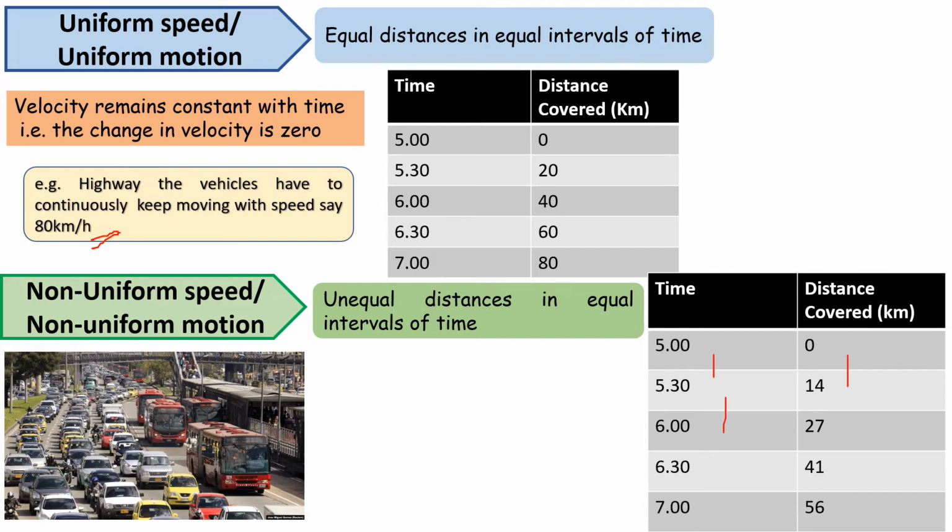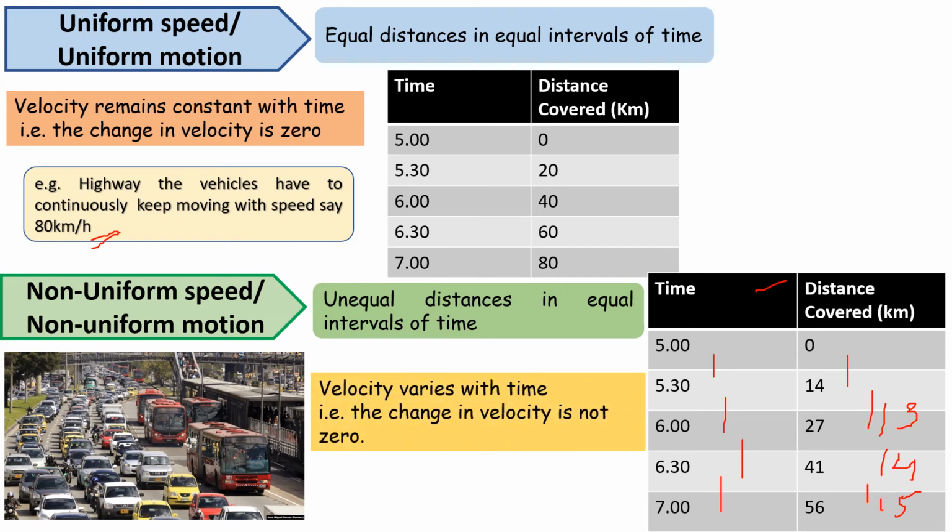Next half hour the distance traveled is 13 kilometers. For the next half hour, the distance traveled is 14 kilometers. For the next half hour, the distance traveled is 15 kilometers. So every half hour, the distance traveled is not constant. Hence, we call such type of motion non-uniform motion.